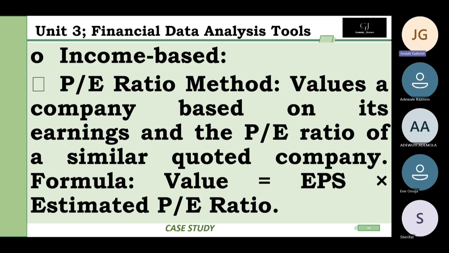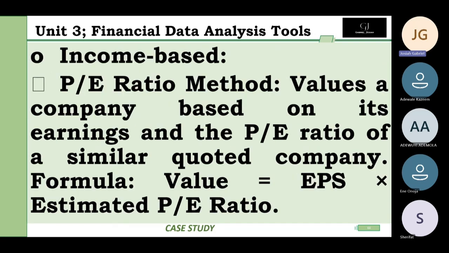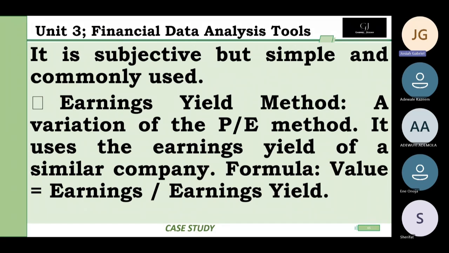In valuing a business, that peer review helps to provide context on the value of a business. So it's subjective, but it's simple and commonly used. The PE ratio method is commonly used. It's not objective, actually, it's subjective, but it's commonly used. So we have the earnings yield method, another income-based method speaking to the variation of the price earnings ratio.